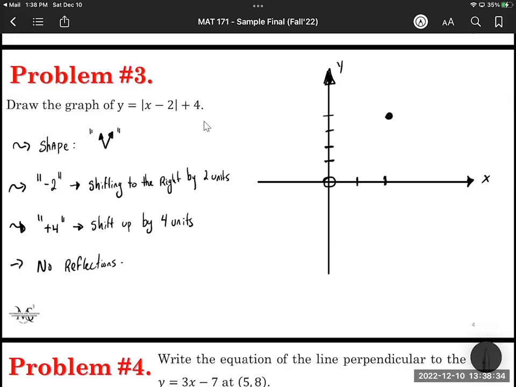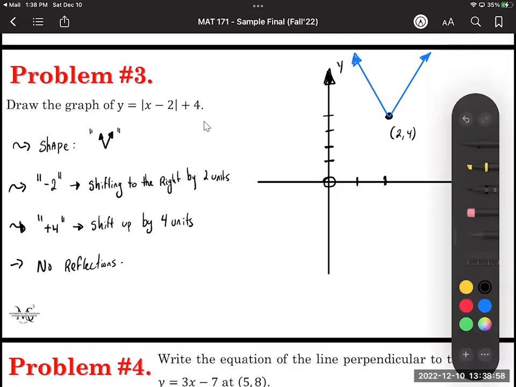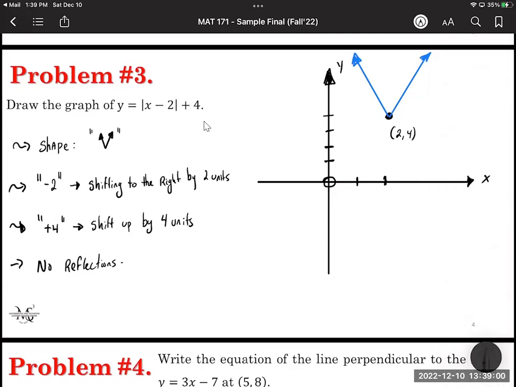You get this particular point, which is (2, 4), and you make your V shape. That's one side of it. Here's the other side. So that would have been the exact graph, by sketching, of y equals the absolute value of x minus 2, plus 4.